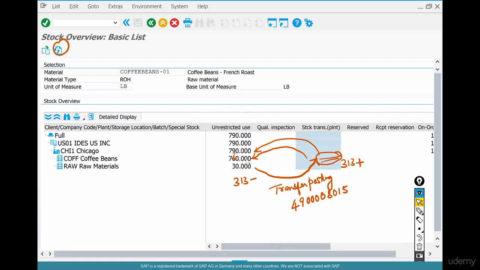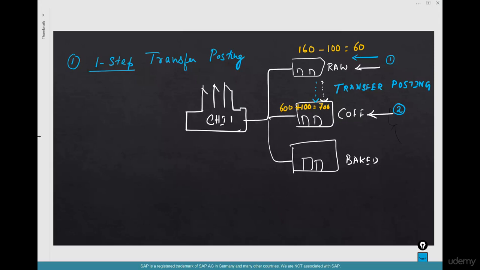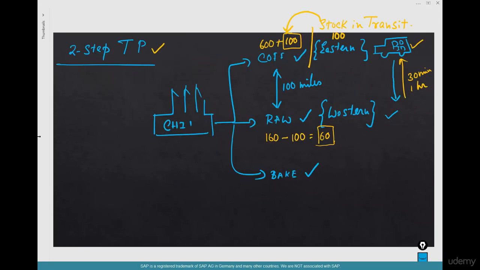So there you go. This is now 760 as we expected, and the stock in transit of 30 is gone. It's been added to unrestricted use. So this is a two-step stock transfer. So earlier we have seen a one-step stock transfer using transfer posting. And now we have seen a two-step stock transfer again using transfer posting and place into storage.